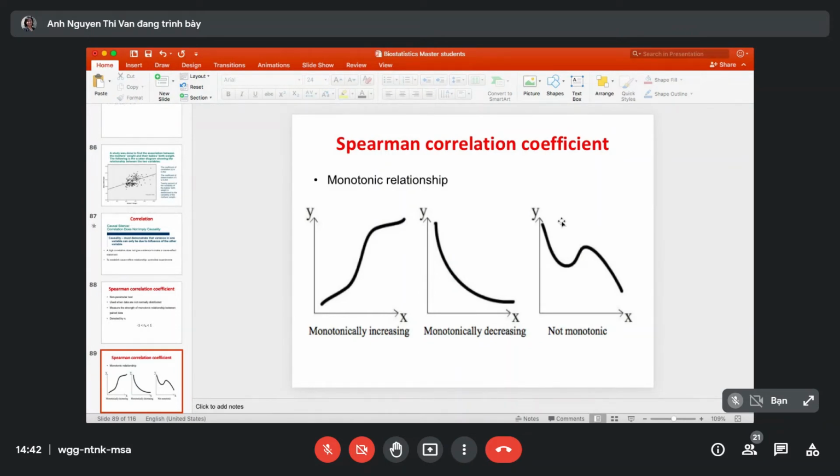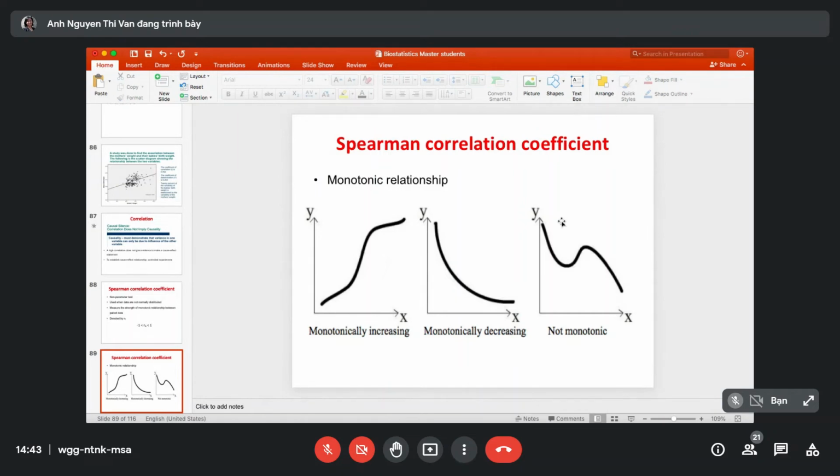So the monotonic will move in one direction, increase or decrease, and the non-monotonic can move in both increase and decrease. So when x increases, the y variable does not always increase or decrease. Sometimes it increases and sometimes it decreases. So we say it's not monotonic.